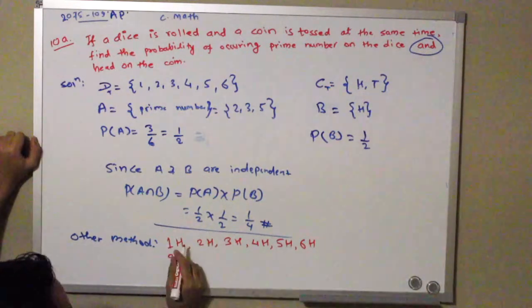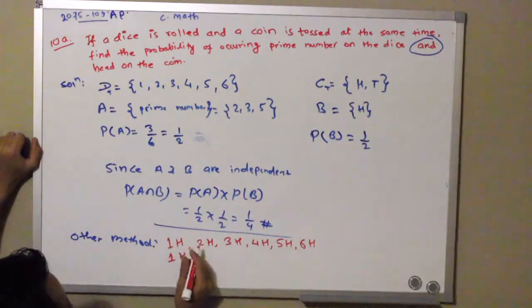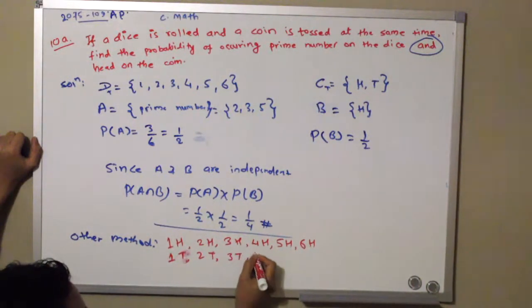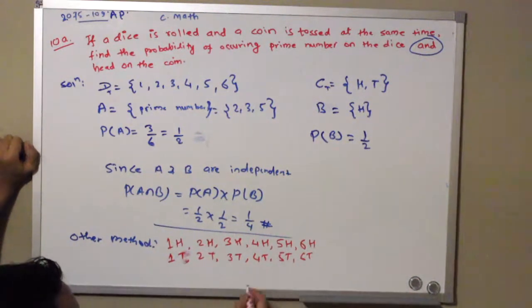Or it could be 1T, dice 1 and coin tail, 2 and tail, 3 and tail, 4 and tail, 5 and tail, and 6 and tail.